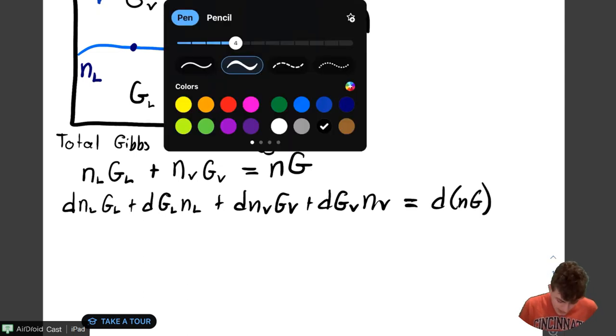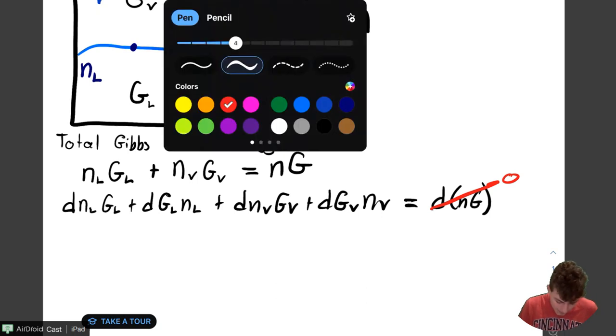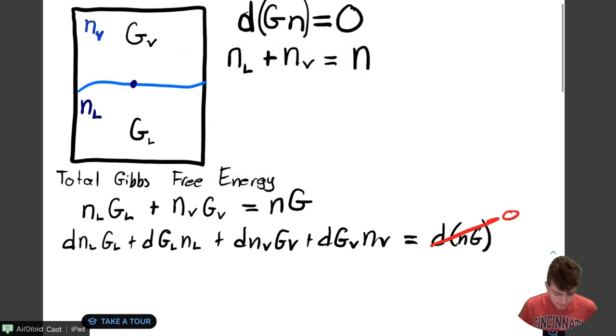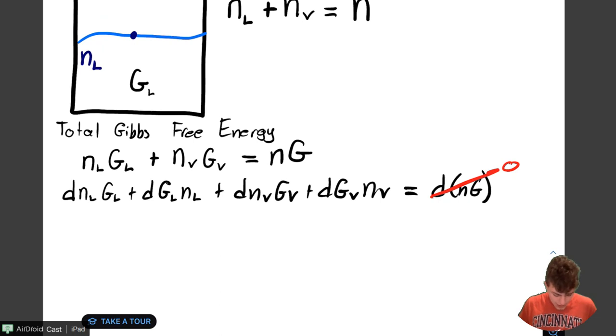And we have already said that this right-hand side of the equation here will go to 0 earlier. Now, from this, we can go ahead and pull out some components here.